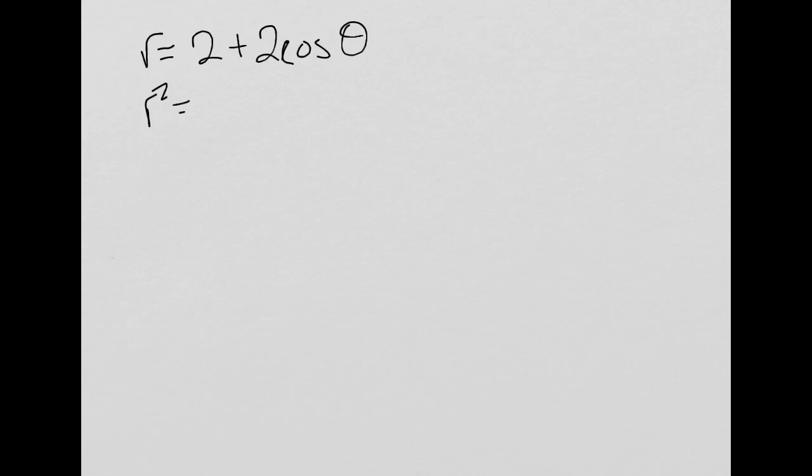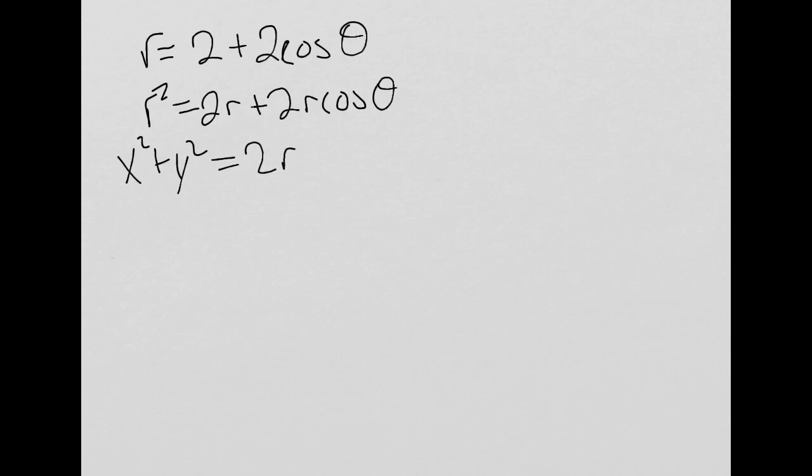So r squared equals 2r plus 2r cosine theta. So I've got a few substitutions I can make. I get x squared plus y squared equals 2r plus 2x. But I've still got this pesky r in here.